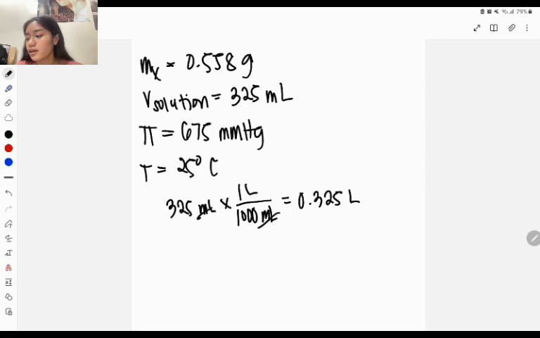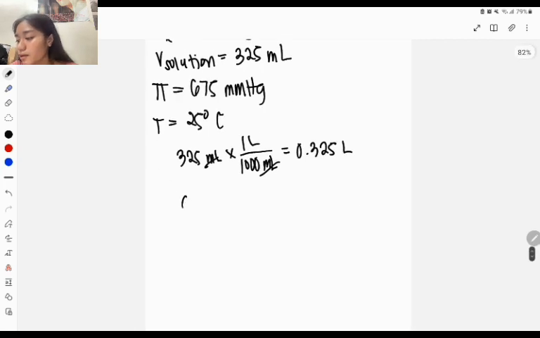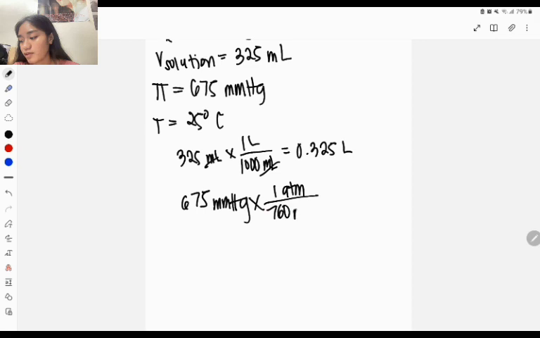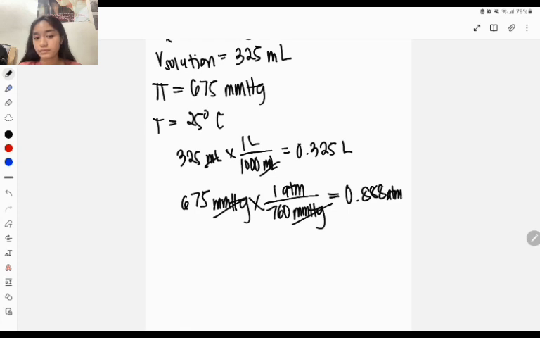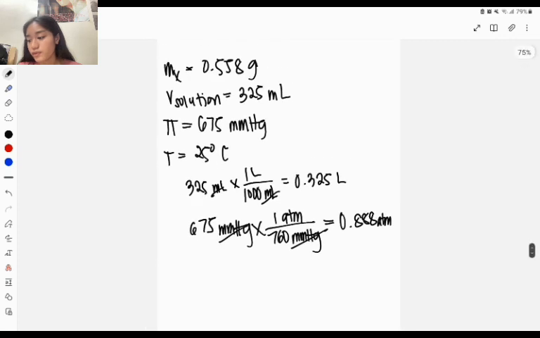And then from millimeters of mercury, I have to convert it to atmospheric pressure, which is 1 atm over 760 millimeters of mercury, and this becomes 0.888 atm.